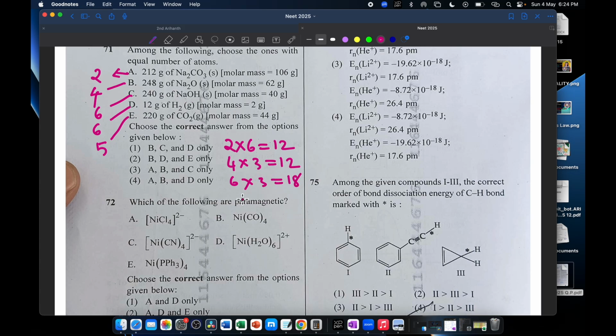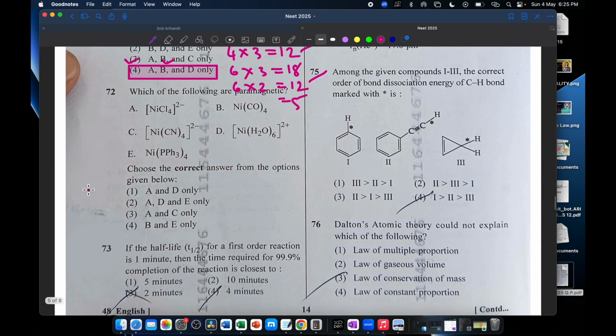And this is 6 into 2, 12. And the last one, 5 into 3, 15. So we got it: A, of course B and C. No, not C. A, B, D have got the same number of atoms.